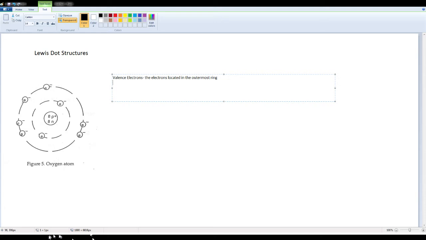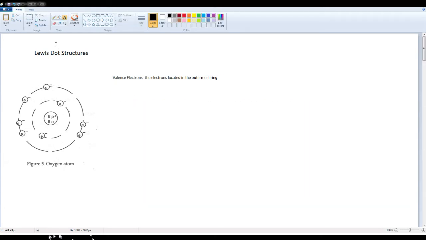We're going to indicate that in the Lewis dot structure. To do a Lewis dot structure, the first thing we do is write the symbol for the atom.